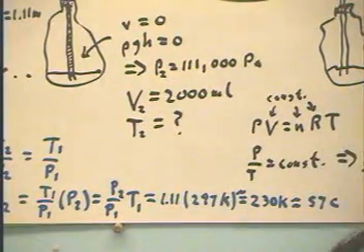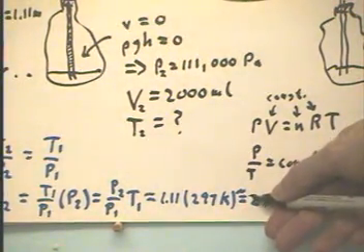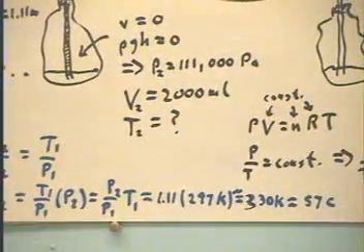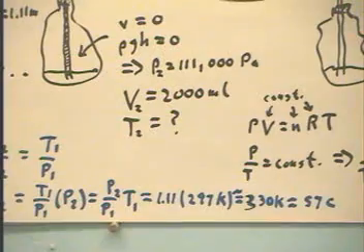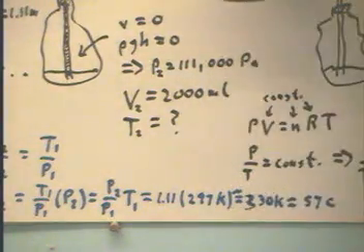Original temperature was 297, so we get approximately 330 Kelvin. I accidentally wrote 230 there, but that's supposed to be a 3. So it's really 330 Kelvin, which comes out about 57 Celsius and compares very well with the temperature that we observed from the thermometer in the bottle.